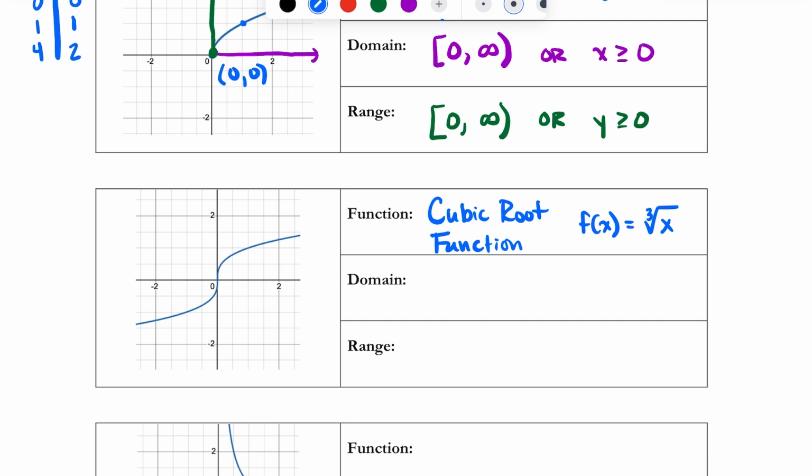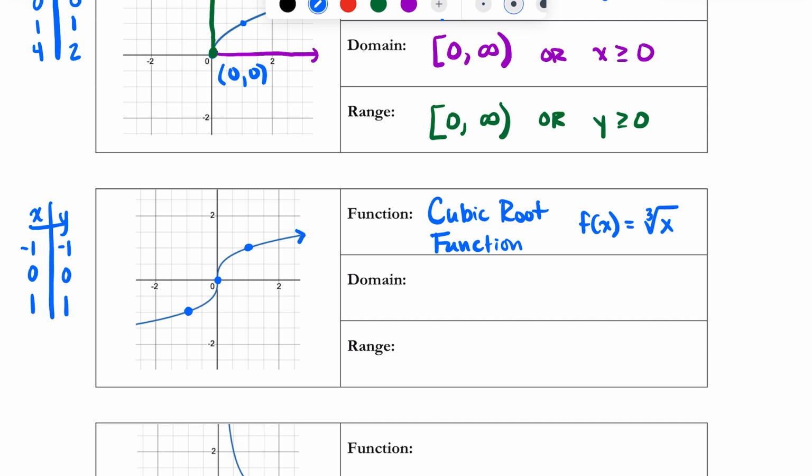So if I make that table of values again, I'm going to choose numbers that have a nice cube root, or in this case, just -1, 0, and 1, which just gives me those exact same answers, which we can use our calculator for. So there's 0, 0, 1, 1, -1, 1, giving us that sideways S curve.